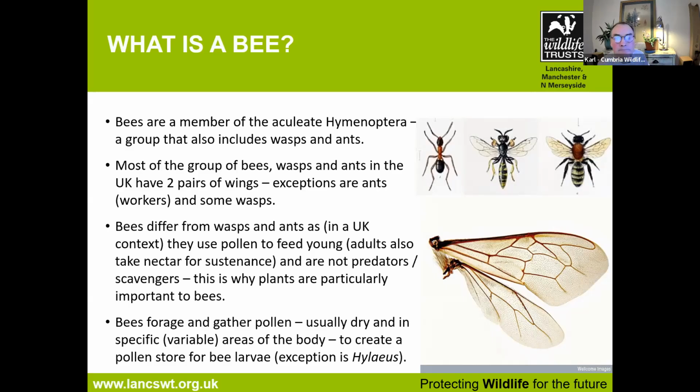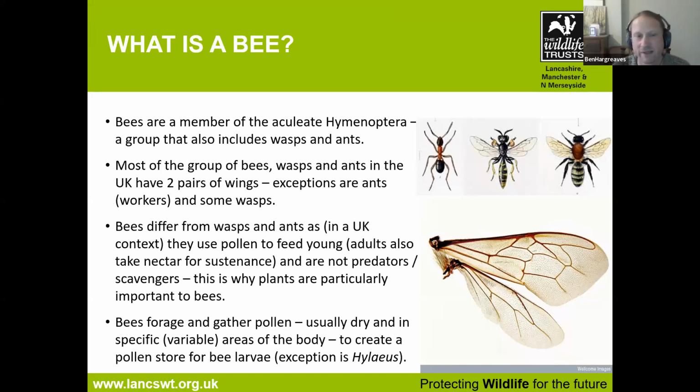So this is the basic information about all the aculeate Hymenoptera, including the wasps and the ants. Two pairs of wings, the forewing being larger and the hindwing smaller. The main difference is that bees are associated with plants and pollen to feed their young, rather than prey or scavenged material.